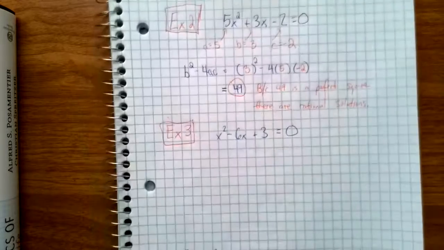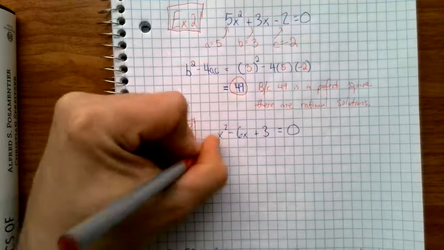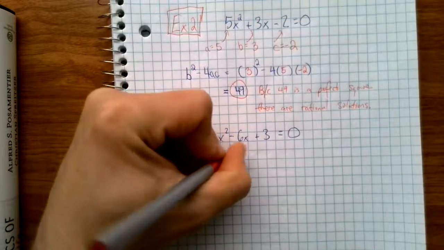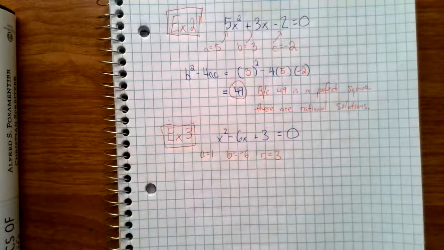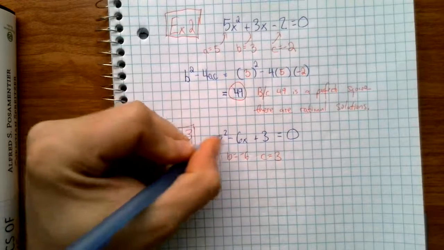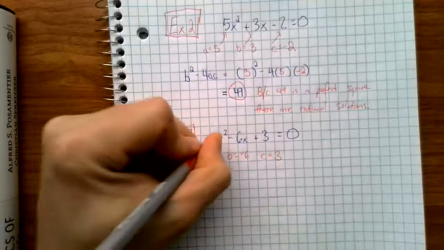Lastly, we're going to talk about this one. We're going to identify our a value, our b value, and our c value. And remember, because this is just an x squared term, our a value is 1.